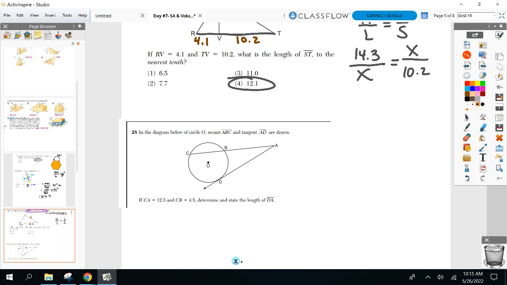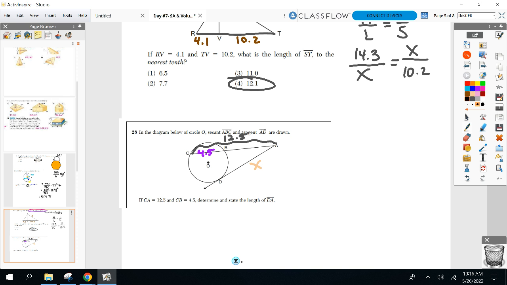A secant and a tangent. The lengths of secants and tangent. Anybody remember the saying I gave for this one?